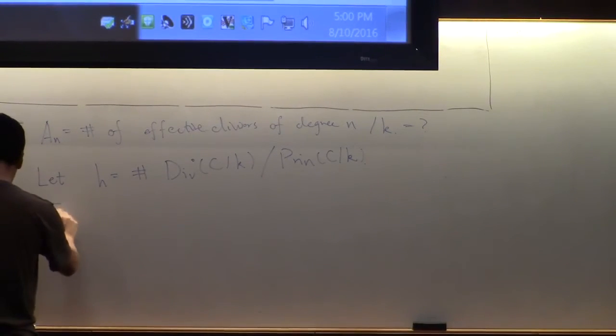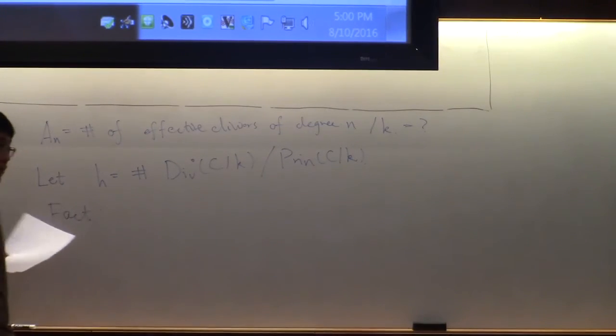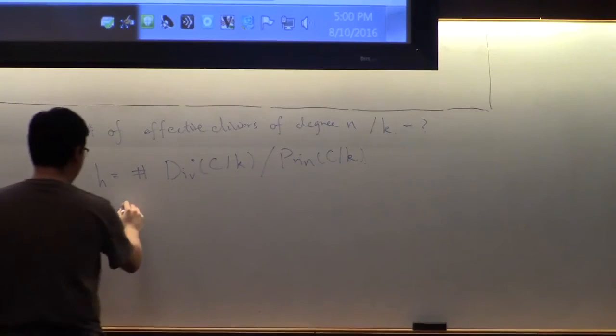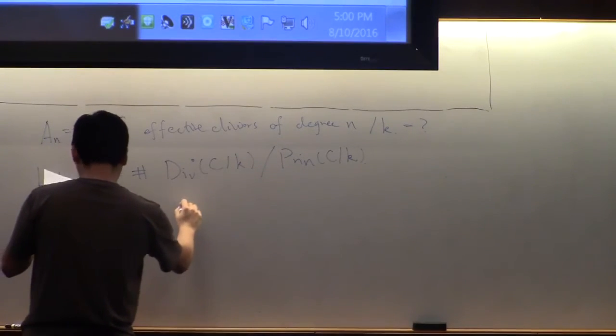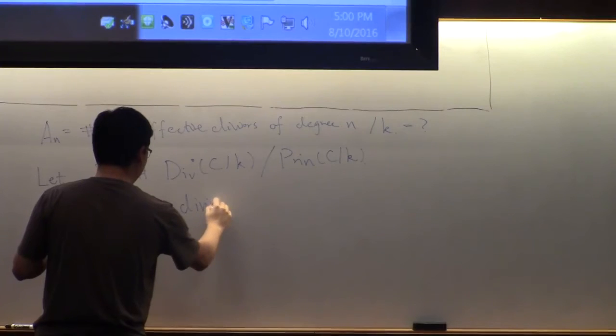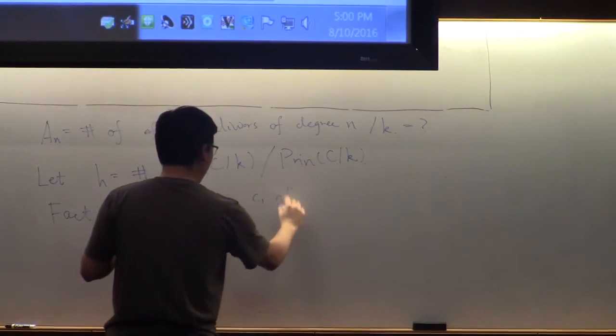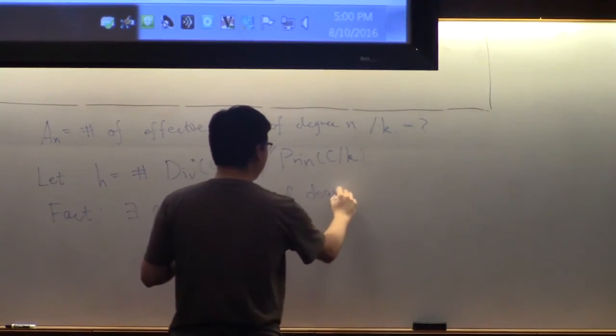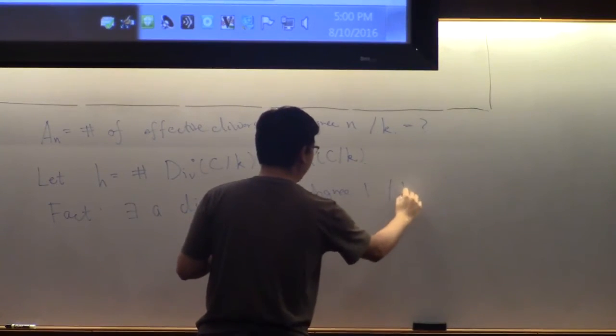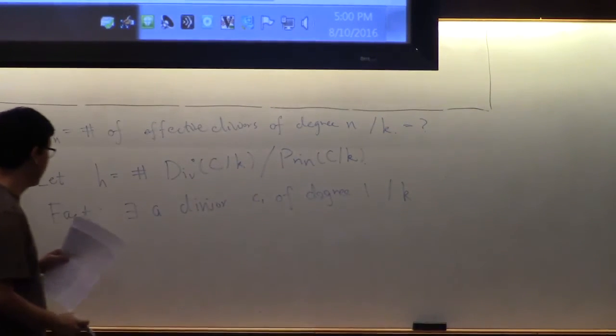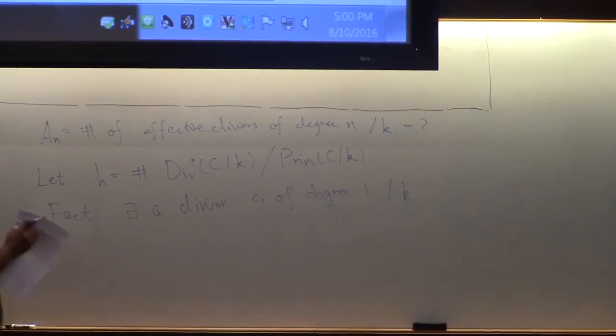And also, I need to assume a fact. There exists a divisor C1 of degree 1 defined over K. This may not be true.